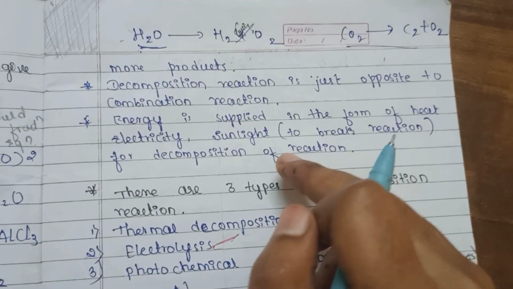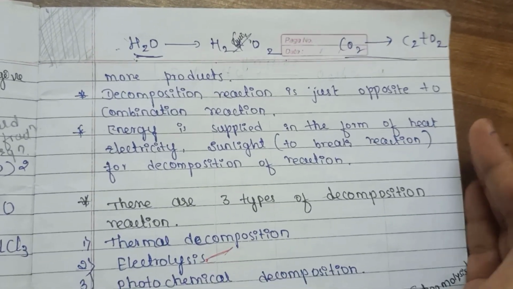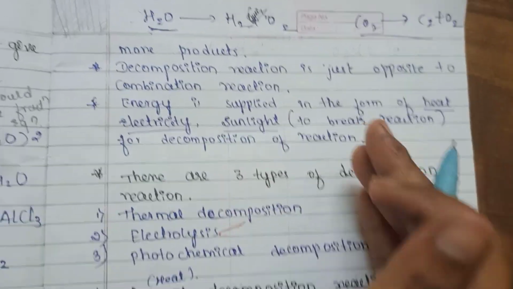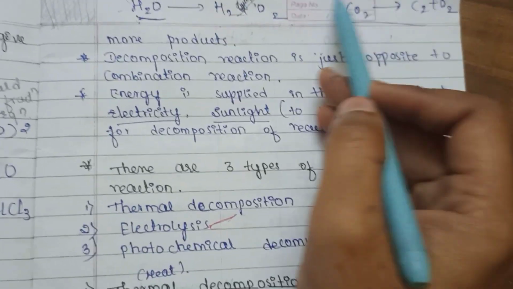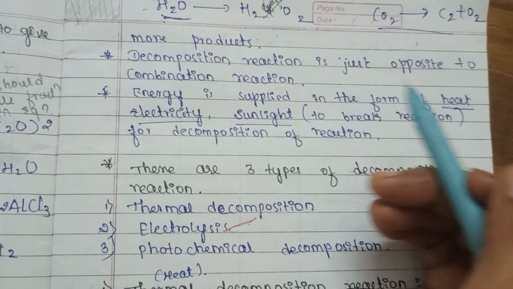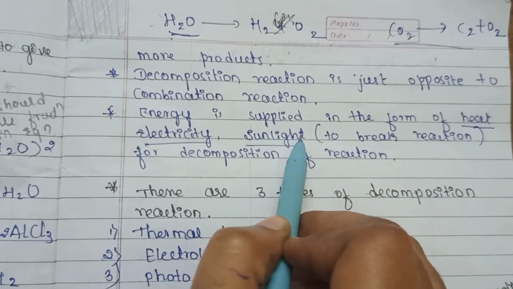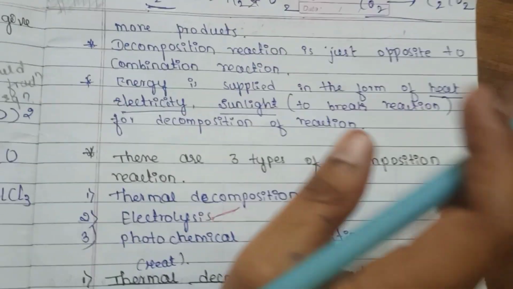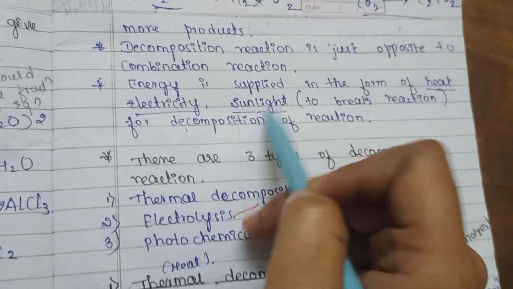During the decomposition reaction, energy can be given: heat, electricity, or sunlight. To break the single reactant we should give energy in the form of heat, electricity, or sunlight.